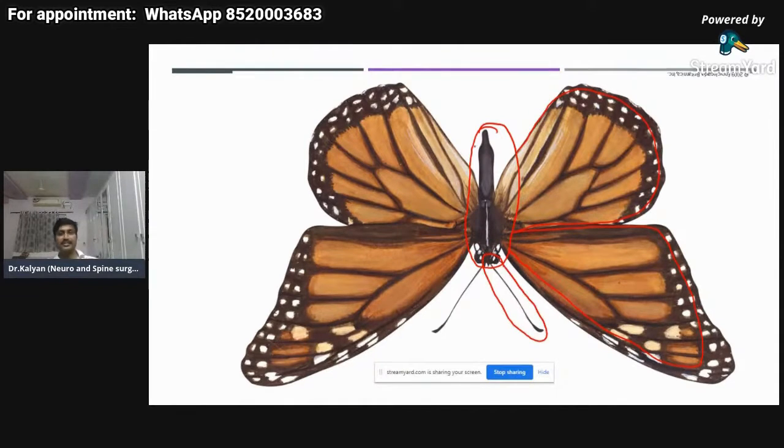Am I clear? So imagine the cerebellum is just like an inverted butterfly. The cerebellum has a body in between and two wings. The body of the cerebellum is known as the vermis.